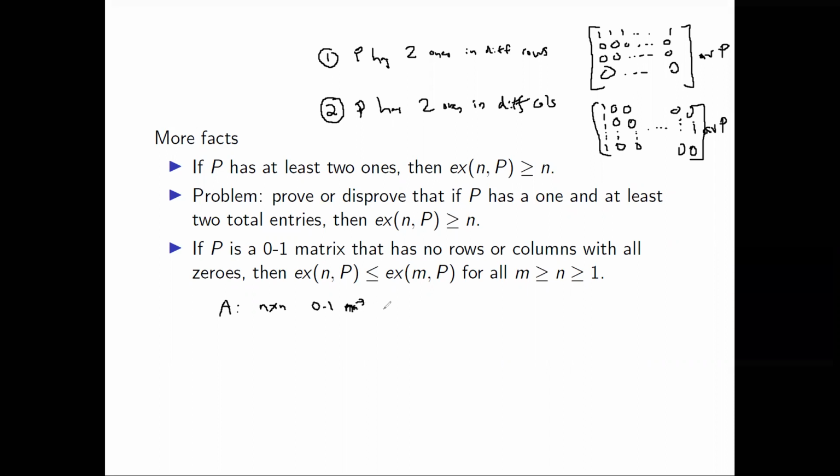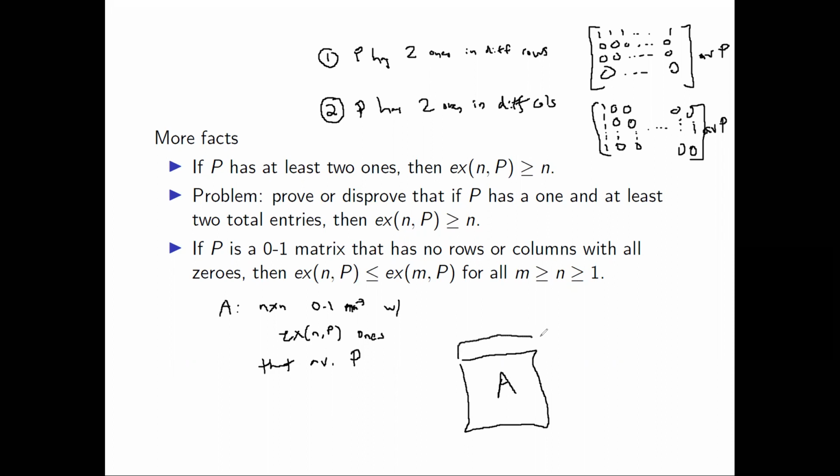We'll suppose that it has EX of n comma P ones and it avoids P. We'll take A and then we'll add on a new row and column of all zeros.